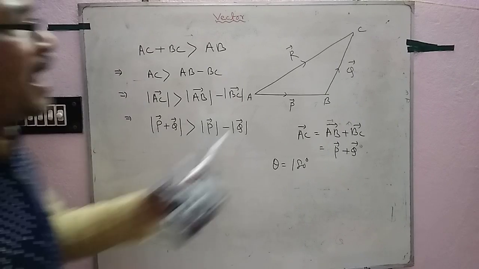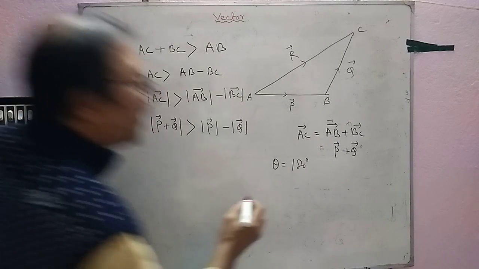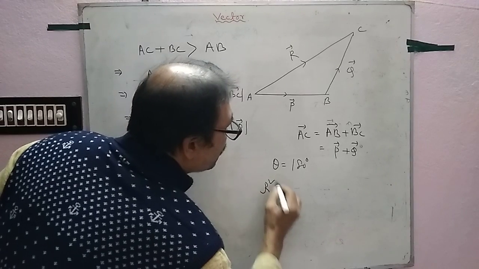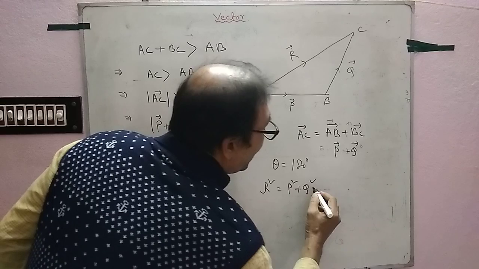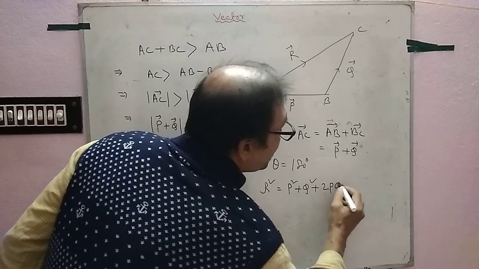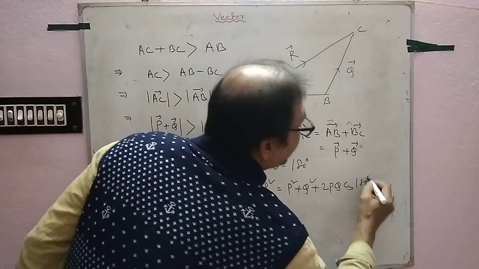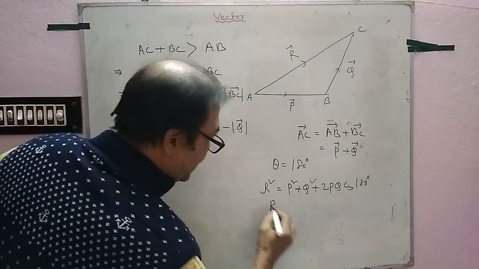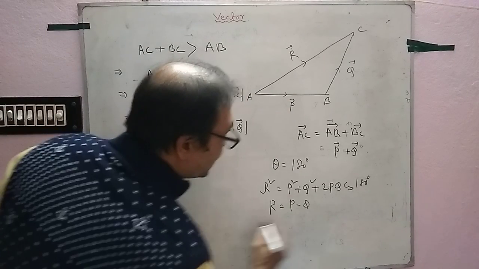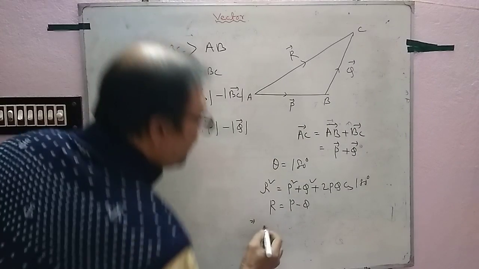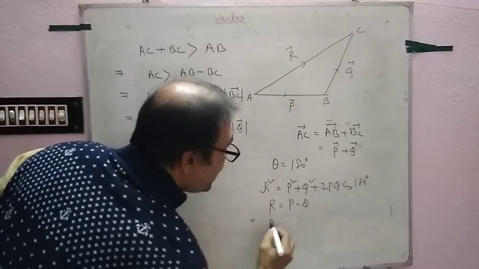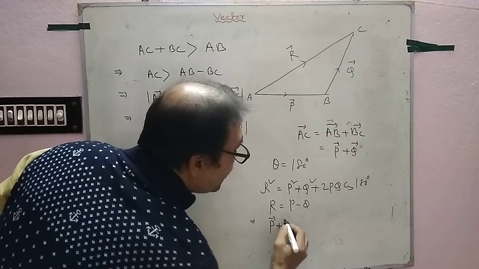When the angle between two vectors theta is 180 degree, then R square equals P square plus Q square plus 2PQ cos of 180 degree, which means minus 1. That is R equals P minus Q. R means AC, AC means P plus Q.